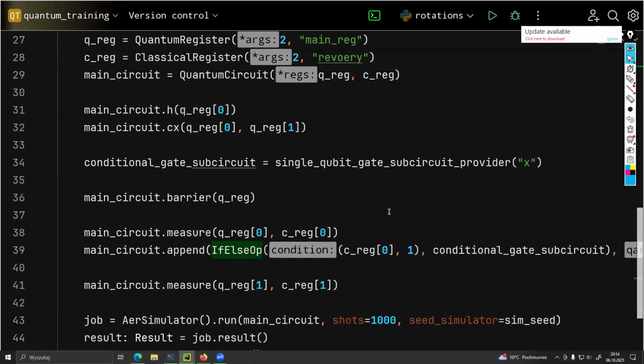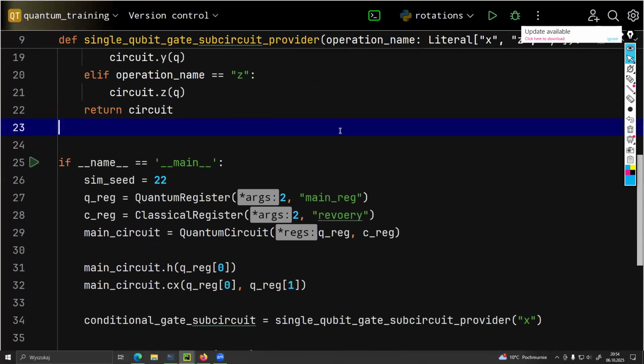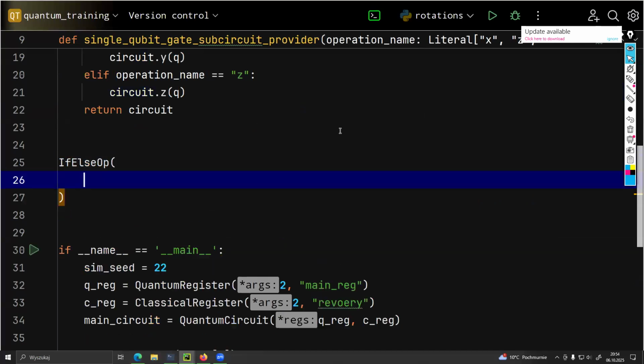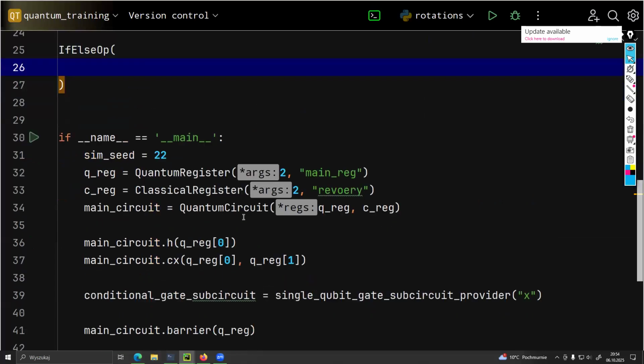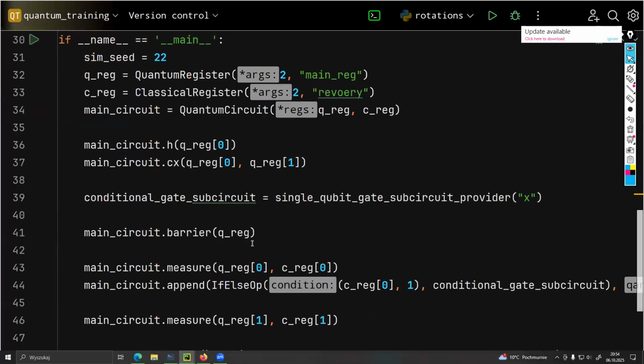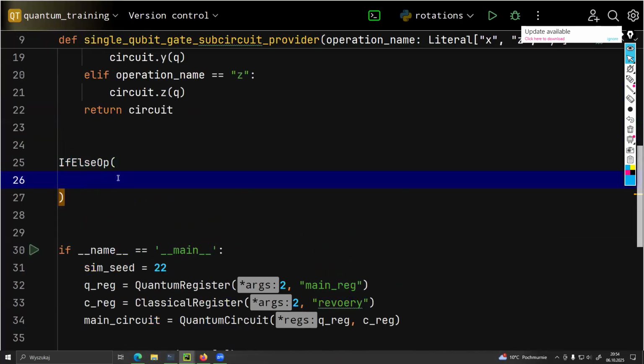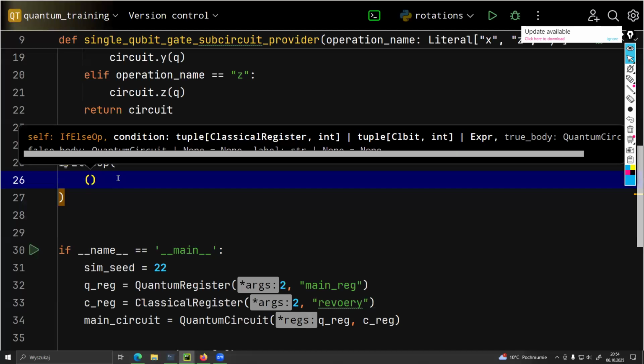It works like this. The if-else op has several fields that need to be filled in to make it work. The first field is the classical bit that will serve as a condition.